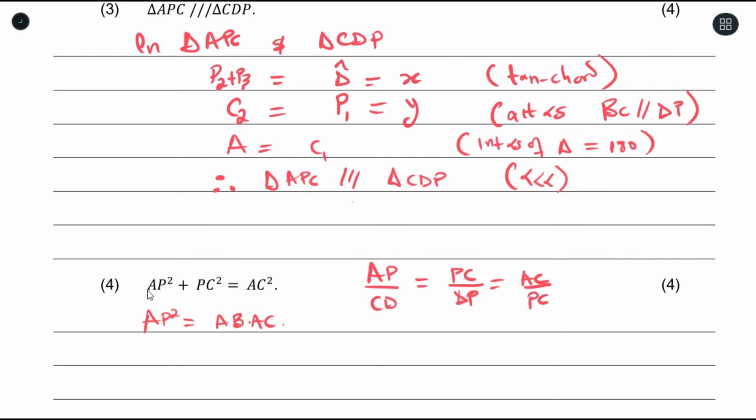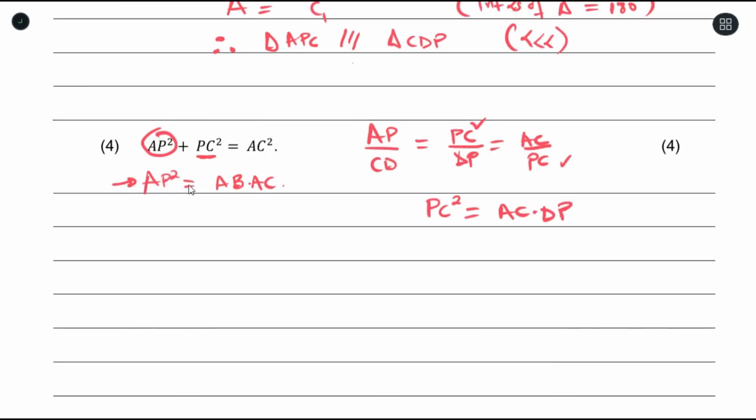Now, we have AP squared from that other question. We can find what PC squared is: this is in the numerator and that is in the denominator, so if you cross multiply, PC squared is equal to AC times DP.